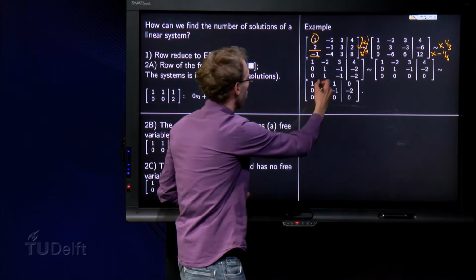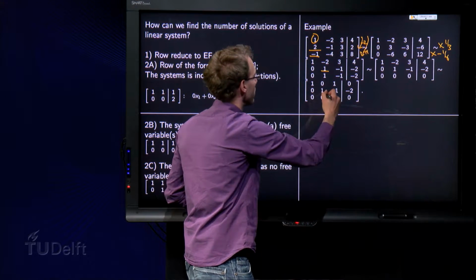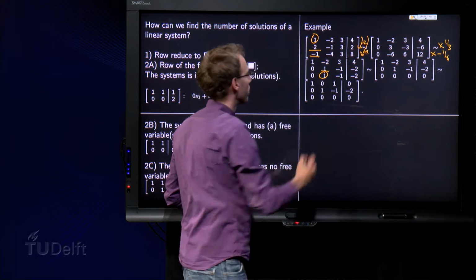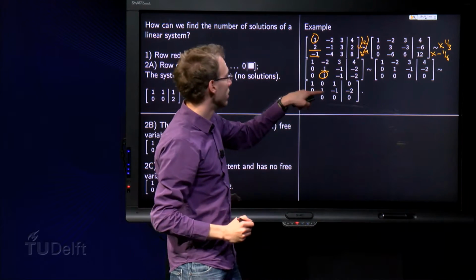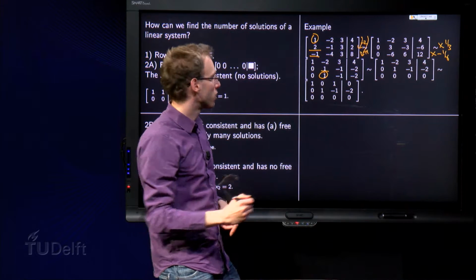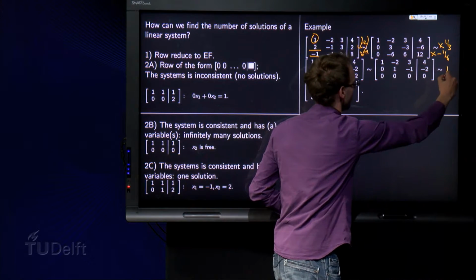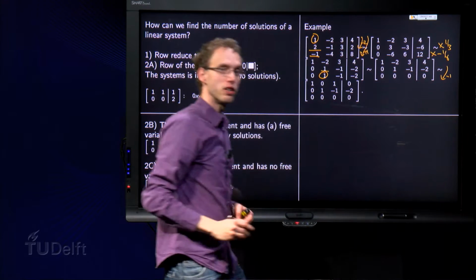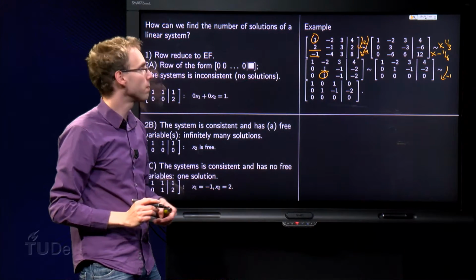Now I want a 1 over here, which we have already made in the previous step, and a 0 over here. Well, that's easy. We can get rid of the entire last row by subtracting it once. And we get a row of zeros, which is perfectly fine.